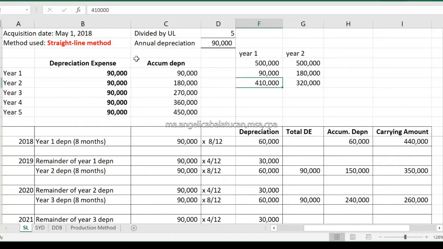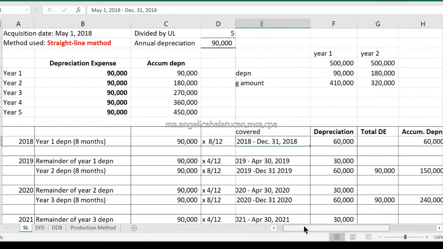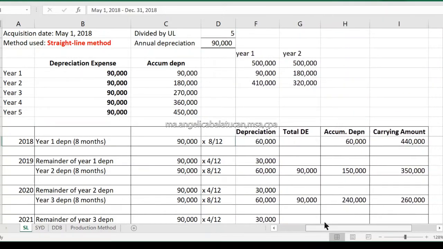But since in our problem, our acquisition date is May 1, 2018, we only have a total of 8 months, from May 1, 2018 to December 31, 2018. That's why we need to get the equivalent depreciation for only 8 months. So that would be 60,000.